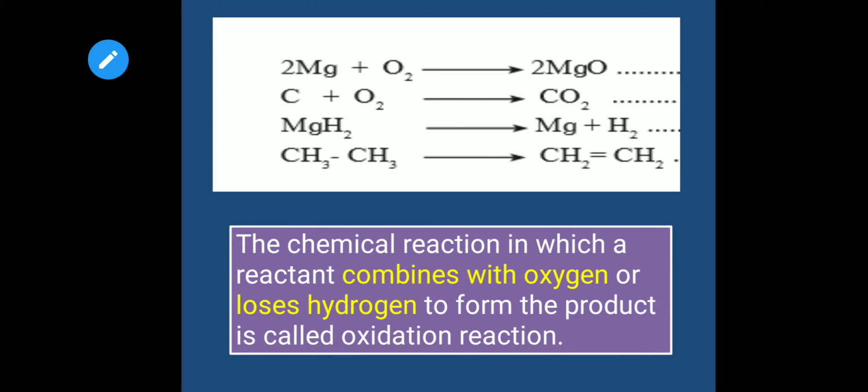Now next, what is reduction reaction? See the example: vegetable oil plus hydrogen gas gives vanaspati ghee in presence of nickel catalyst at a temperature of 60 degrees Celsius. In the above reaction, hydrogen gas is gained.